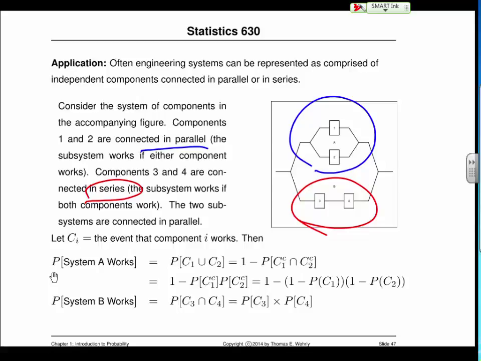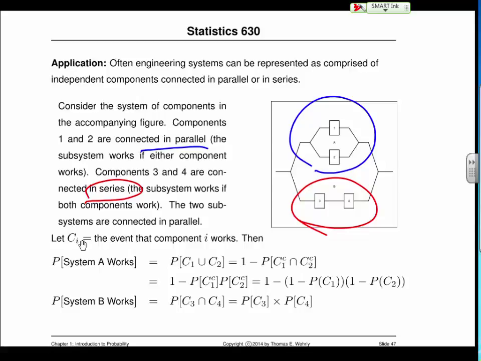Well, first of all, let C_i be the event that component i works. Now you can also work the problem in terms of failure. It's done using similar arguments, but you're looking at the probability that a component fails throughout.